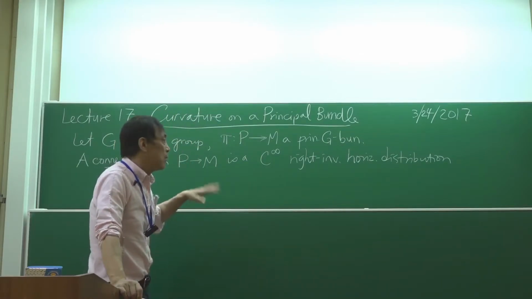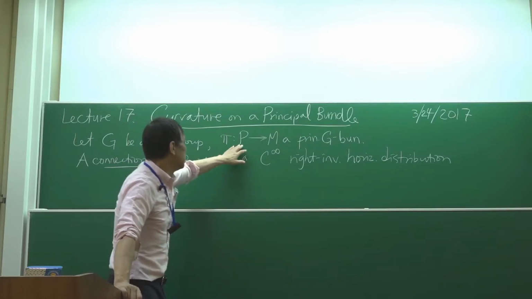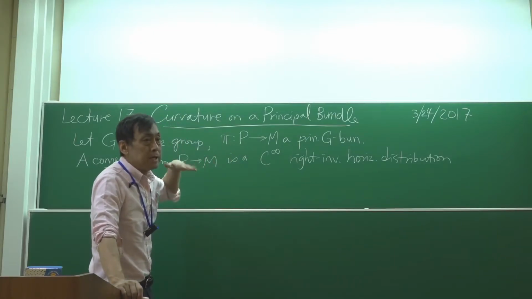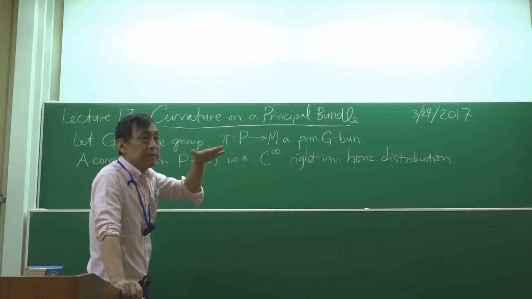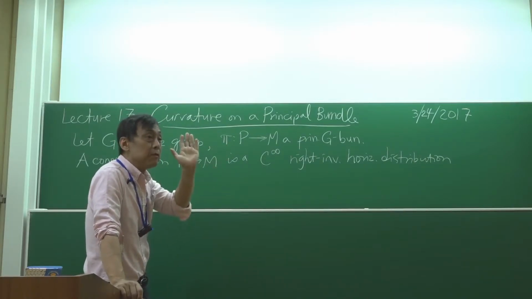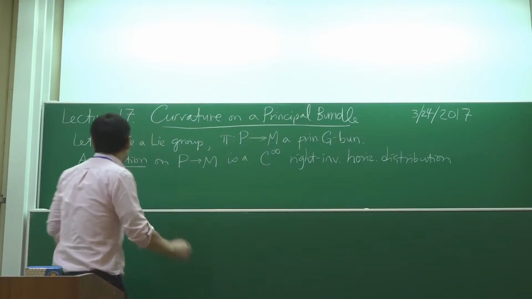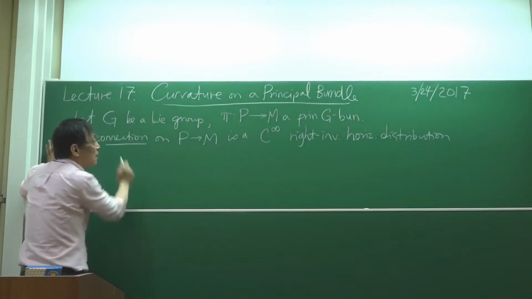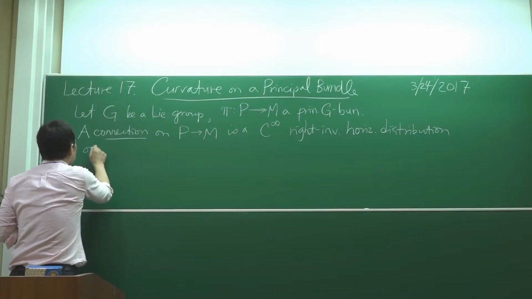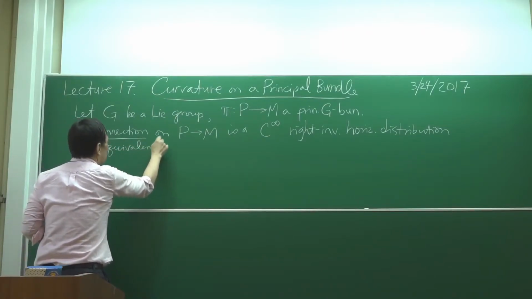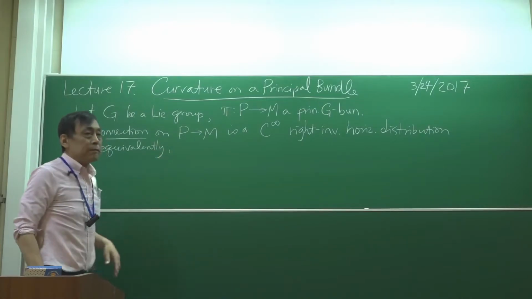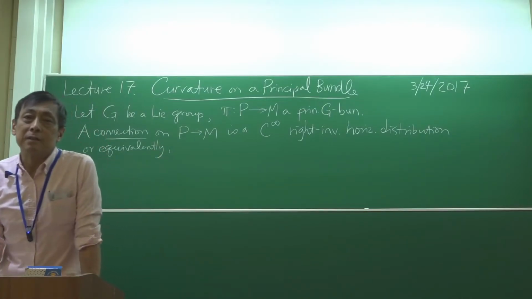That means at each point p of big P, you have a complementary subspace of the tangent space to the vertical space, okay? So that's one way to describe a connection, or equivalently, what's another way to describe a connection?